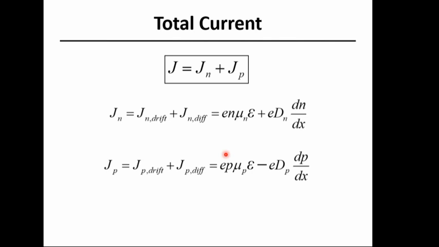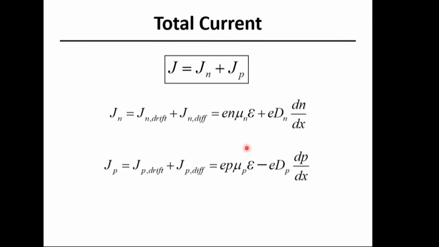But today what we want to do is to deduce from these two relations, under thermal equilibrium, that whether we're talking about electrons or holes, the Einstein relation will end up the same.